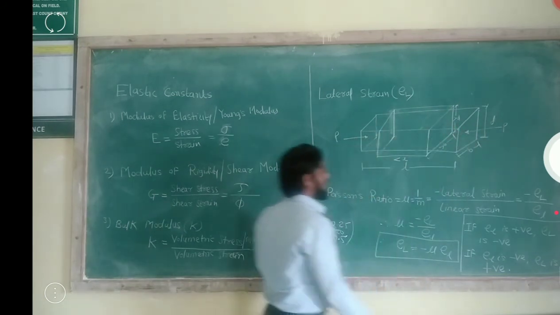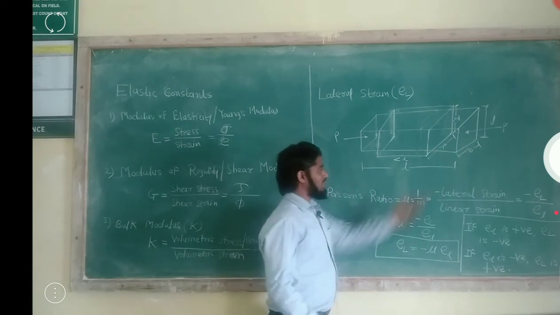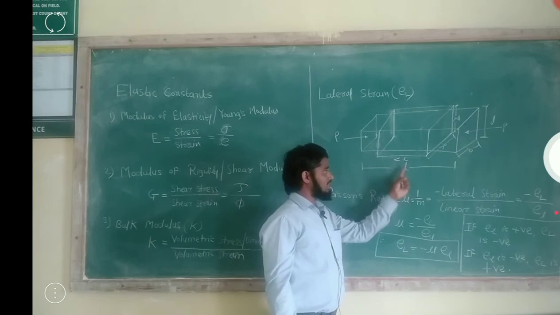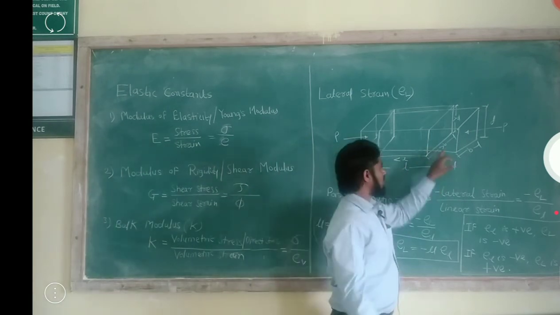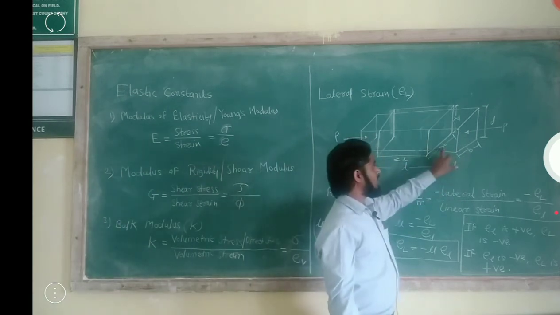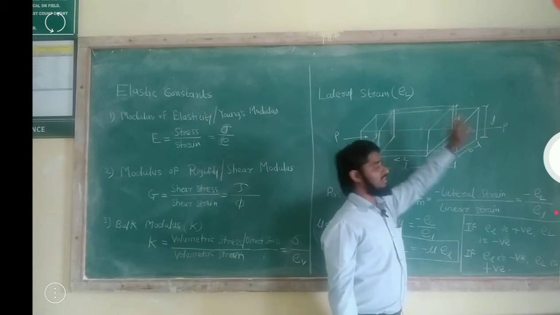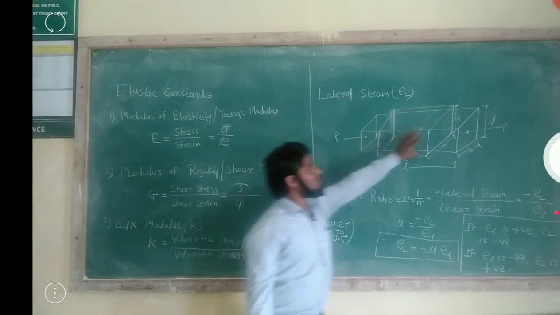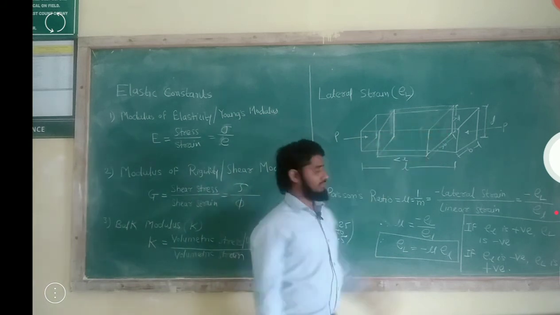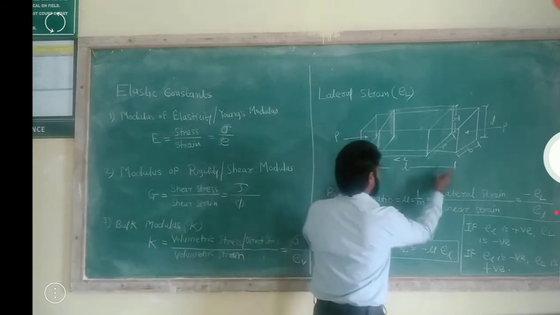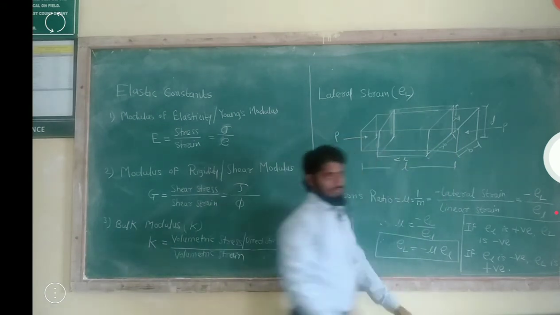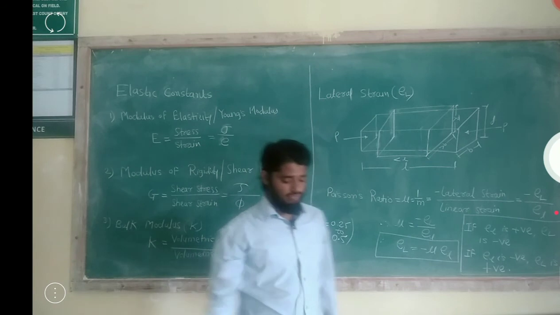In such a case the linear length will decrease. Here you can see it is less than L, and the width will increase, the depth will again increase. This strain is known as lateral strain. This is linear strain, and this is lateral strain. And it is vice versa.